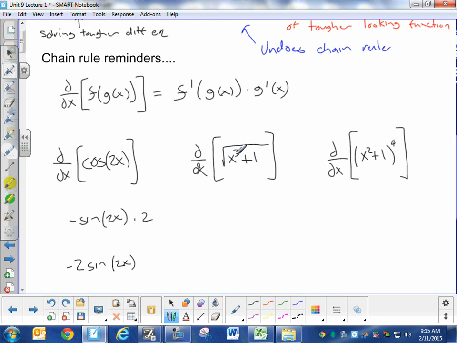Here, this is like x cubed plus 1 to the 1/2. You don't need the square root. So using the power rule of derivatives, it'd be 1/2 x cubed plus 1. You'd subtract 1 to the negative 1/2 times the derivative of the inside. This would be 3x squared.